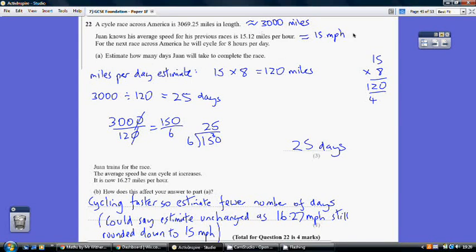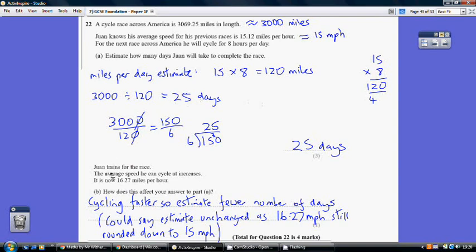Well, he's going at 15 miles per hour for 8 hours a day. That's 120 miles per day. Now he's got to go 3,000 miles, 120 miles per day. So doing 3,000 divided by 120, I've done the calculation down here, we can see that's an estimate of 25 days.